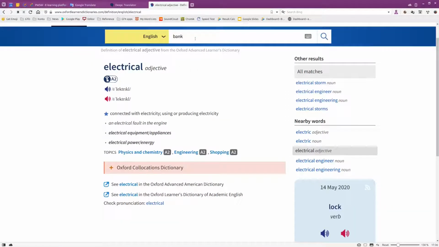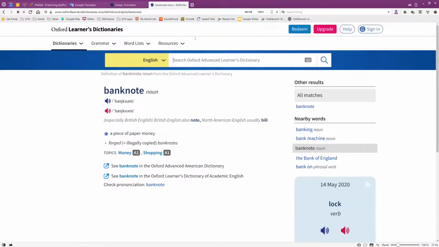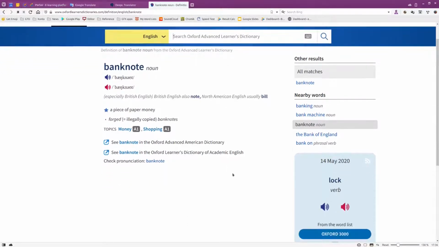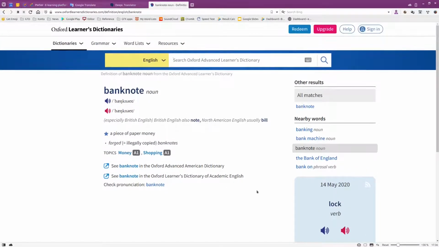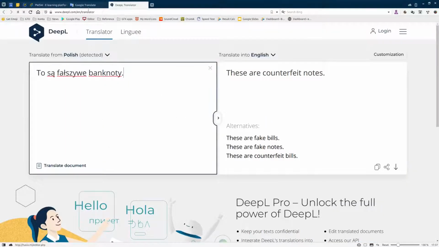I actually think that banknote might have a slightly, no, it doesn't have a different meaning. The American English is bill, note, so it's basically the same. I thought there was some difference, but not really.